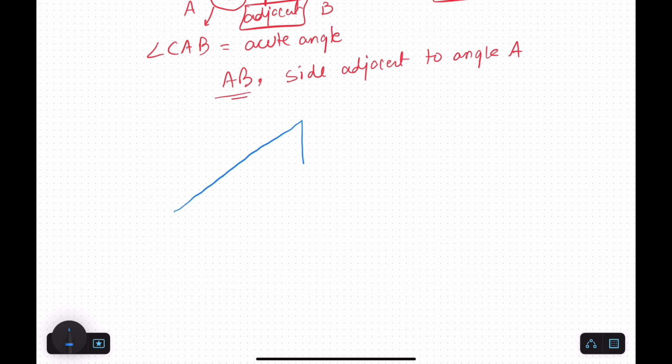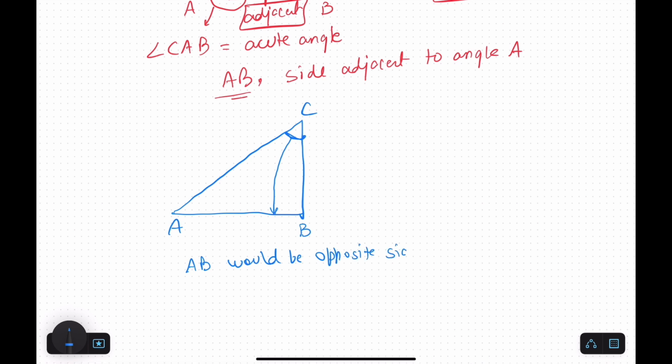For example, if I give you one more question similar to this, if I draw this triangle, A, B and C, and the angle is over here at C, what would be the opposite side of the angle C? Opposite side means this side. So over here, AB would be the opposite side to angle C. And which one would be the adjacent side?